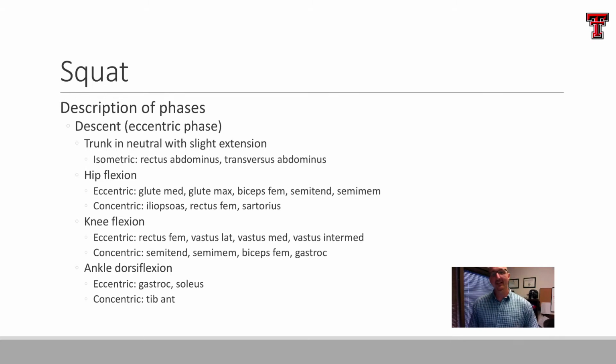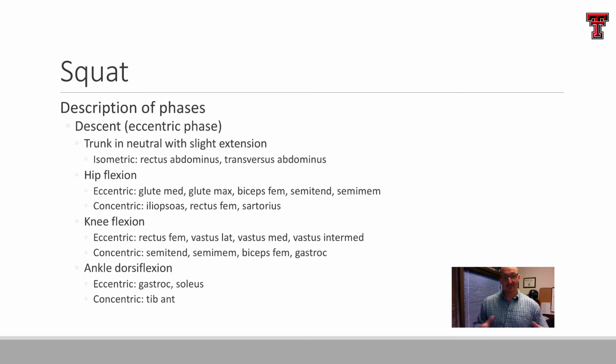So semitendinosus, semimembranosus, biceps femoris, and even the gastroc. So if you notice here, gastroc is listed twice. It's concentric for knee flexion and eccentric for ankle dorsiflexion. And then if you look at the hamstrings, eccentric for hip flexion, concentric for knee flexion.